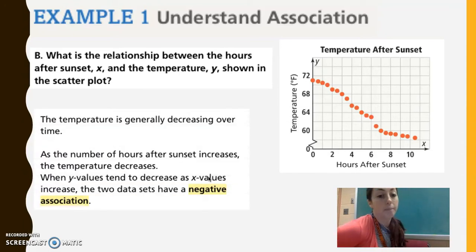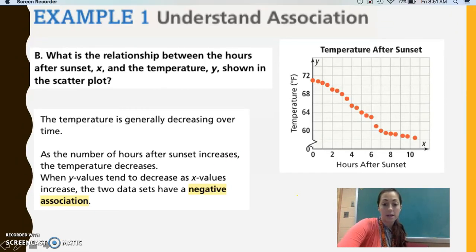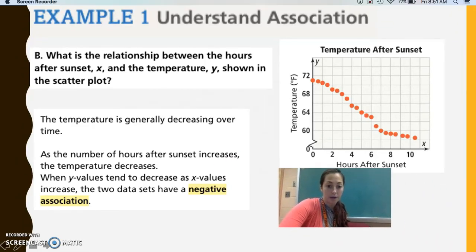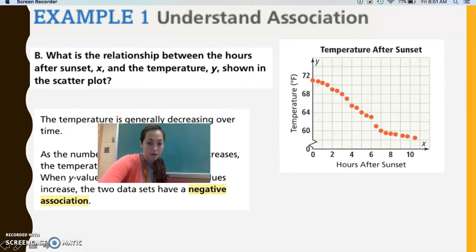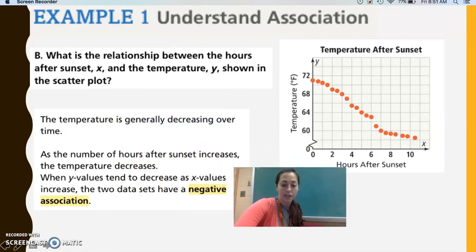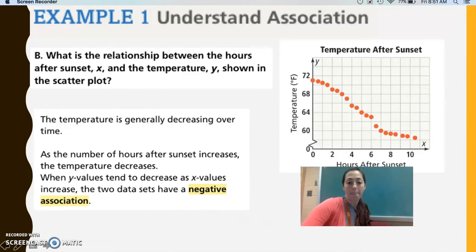The temperature is generally decreasing over time as the number of hours after sunset increases. As the hours increase, the temperature decreases. So the math: when the Y values tend to decrease as X values increase, the two data sets have a negative correlation.